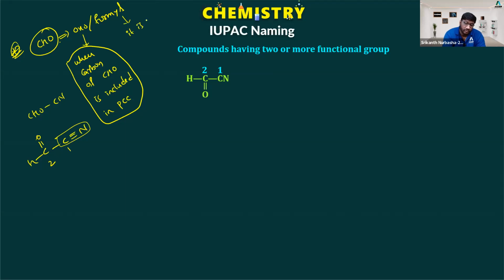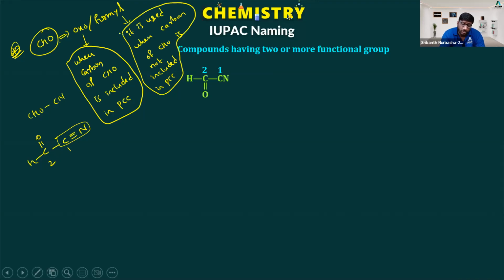Formyl is used when the carbon of CHO is not included in PCC. Formyl is used whenever the carbon of CHO is not included in the parent carbon chain. Oxo is used whenever the carbon of CHO is included in the parent carbon chain.